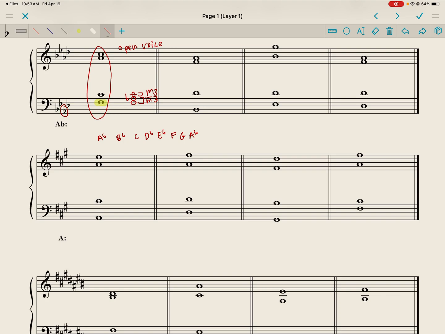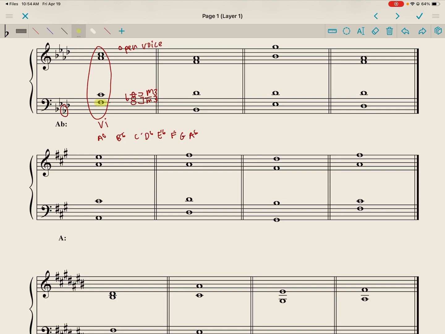We could do this one of 2 ways. Looking at the quality and then saying 1, 2, 3, 4, 5, 6. Oh, it has to be a minor 6, right? That makes sense. Just counting up from the key of A flat, where does an F fall into that? Your root. Or you could look at your quality too, to help make that Roman numeral more true for you.